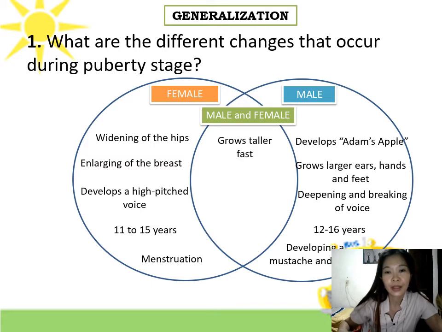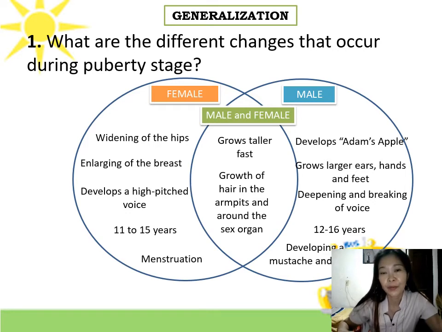And for both male and female, the changes that occur during the puberty stage, they both grow taller fast, growth of hair in the armpits and around the sex organ. Are all the changes for the male and female clear, children?